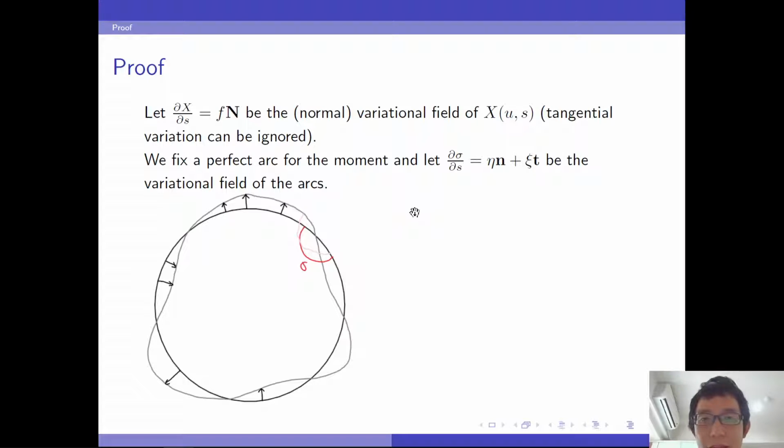And we assume that the variation field of sigma is given by eta times n, the normal, plus c times t. Here the notation is the same as the first variation formula of length I did in my supplementary talk to lecture 2.